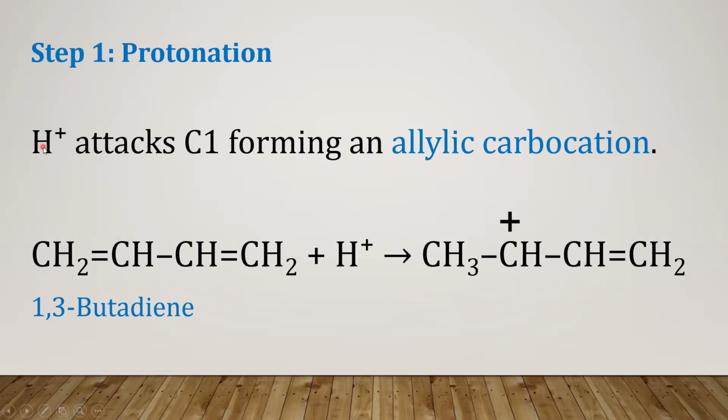So our H plus ion will add to this C1 carbon. So it becomes CH3. The double bond is broken, the CH2 becomes CH3, and this carbon becomes a carbocation. Again, it is a stable carbocation. Markovnikov's rule plays here.